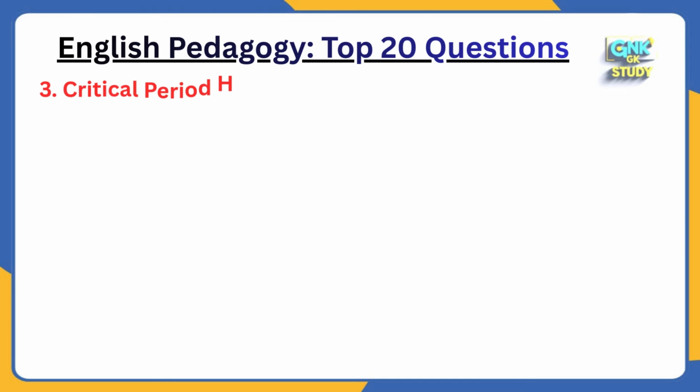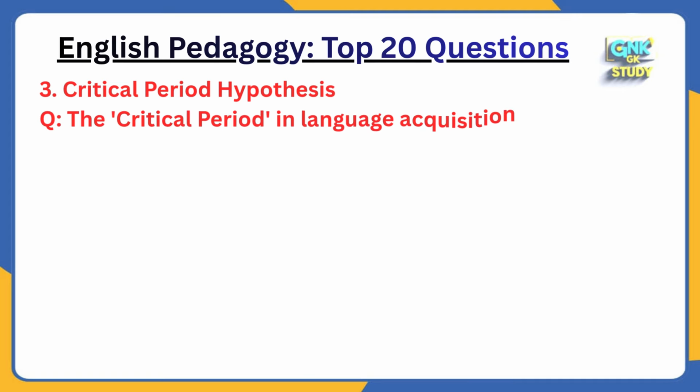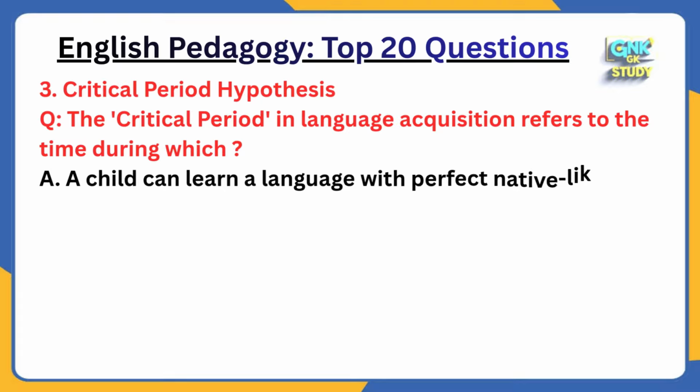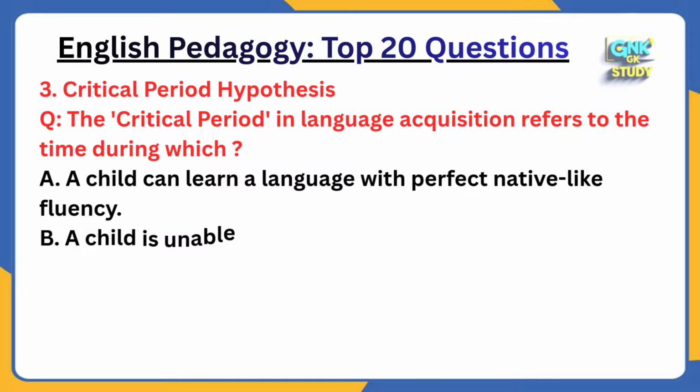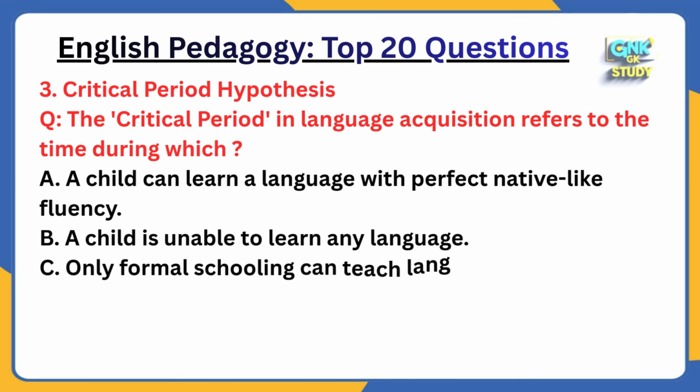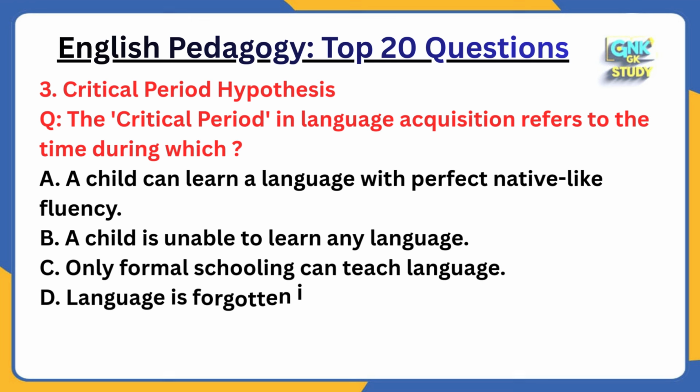3. Critical period hypothesis. The critical period in language acquisition refers to the time during which A. A child can learn a language with perfect native-like fluency. B. A child is unable to learn any language. C. Only formal schooling can teach language.